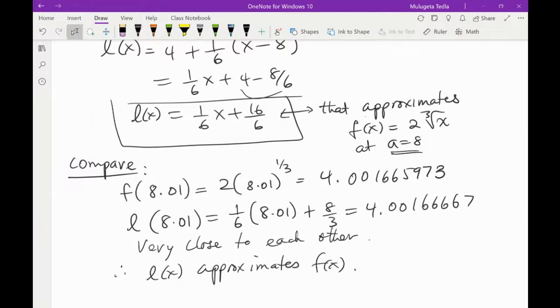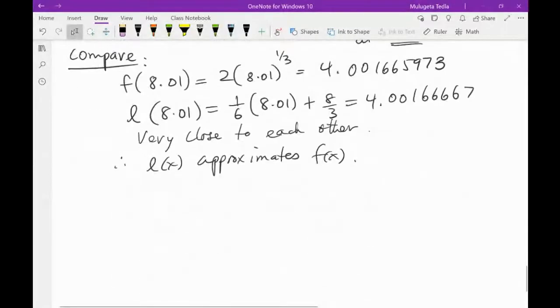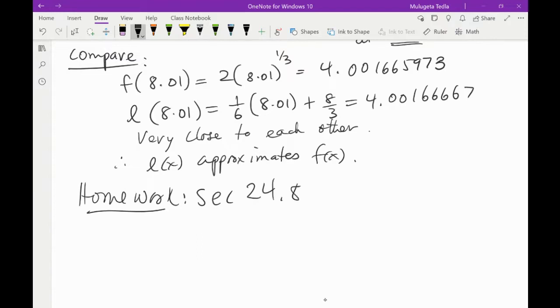I will assign homework on Blackboard. The homework is for section 24.8, page 763.